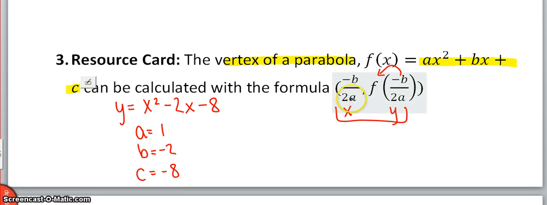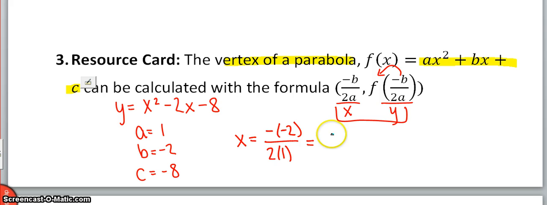By applying these equations, our x value is the opposite of b over 2a. A negative times a negative is a positive 2 over 2, which gives me an x-coordinate of 1. Now, the y-coordinate says you're going to take your x value and plug it in your function f, or in this case, our equation y.